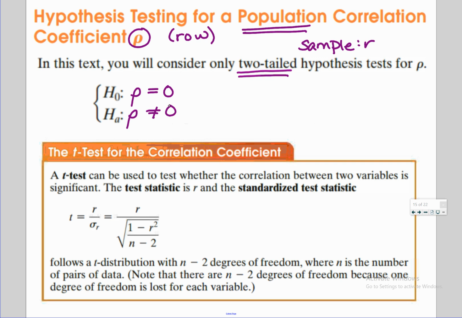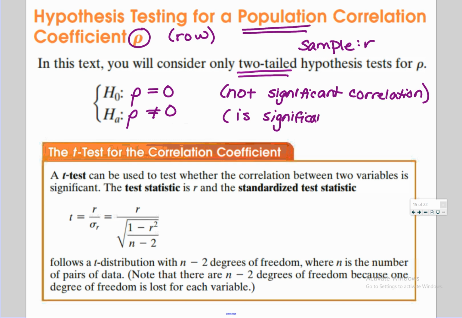When we say rho is equal to 0, we say that there is not a significant correlation. And when we say not equal to 0, we say there is a significant correlation. I know that seems backwards.